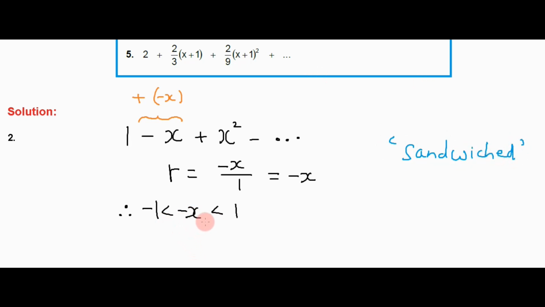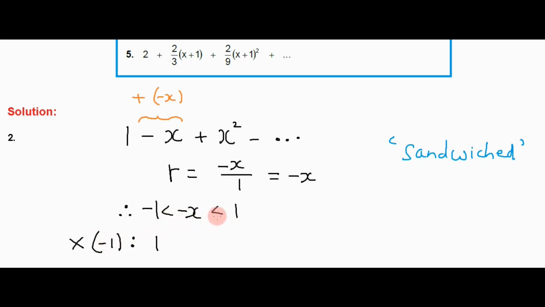We want to isolate x here. So we want to get rid of this negative sign. And we can do so by multiplying through by -1. So -1 times -1 is +1. And recall that when we multiply or divide an inequality by a negative number, it switches around.